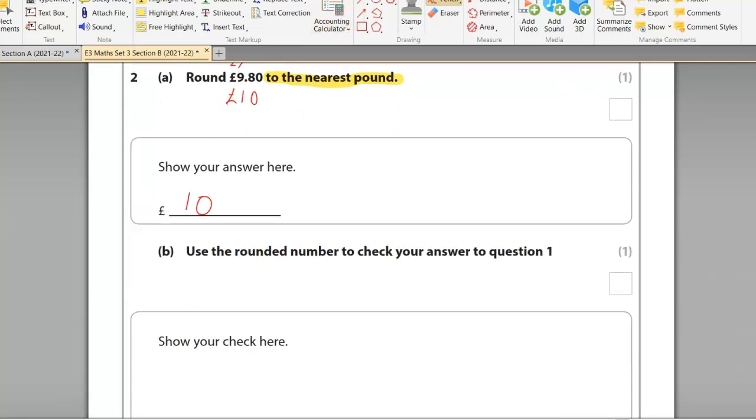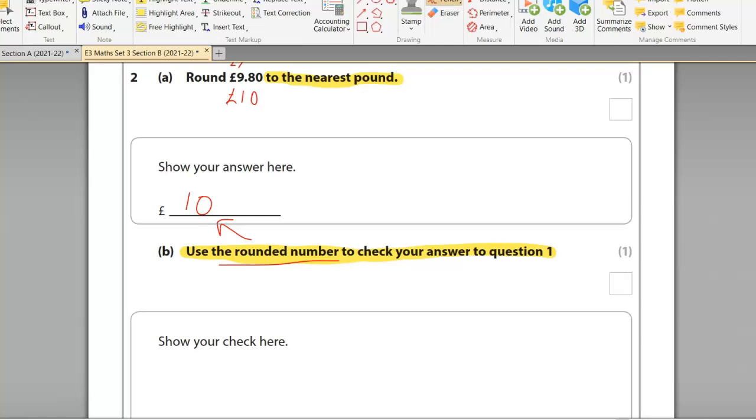Then it says use the rounded number to check your answer to question 1. Use the rounded number. So the rounded number is the 10 that we've just answered for part B, sorry.